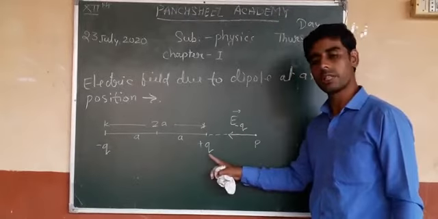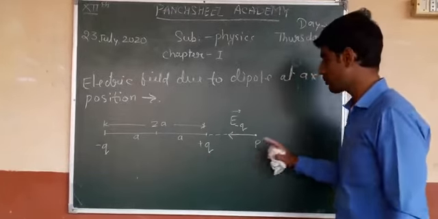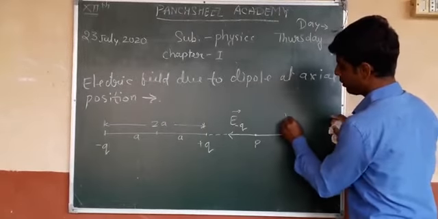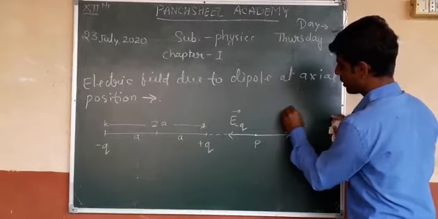And what is the electric field due to the plus q charge at point P? This is the electric field due to the plus q charge.